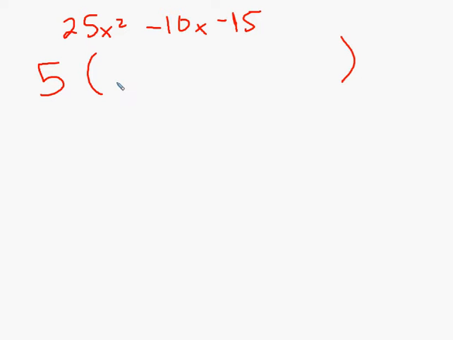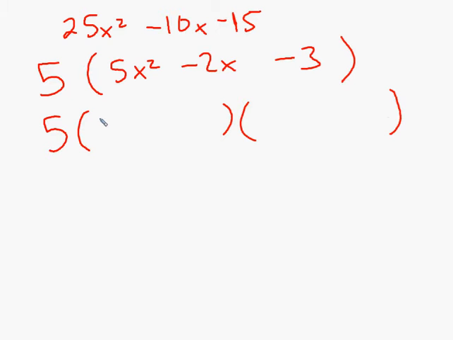What does that leave on the inside? 5x squared minus 2x minus 3. Okay. Now, luckily, there's only one possibility to get that 5 there. What is that possibility? 1 and 5. So I have x and 5x. Any questions there?